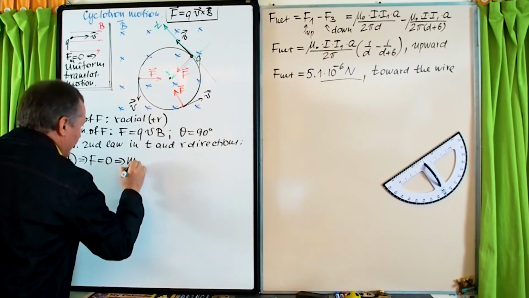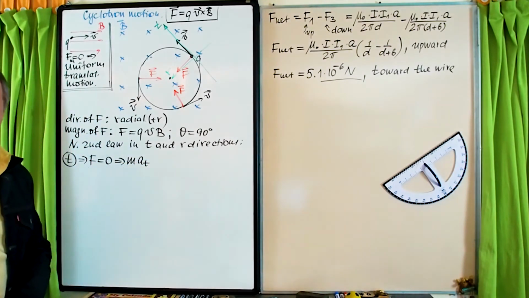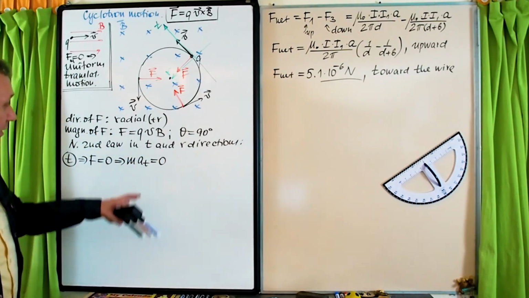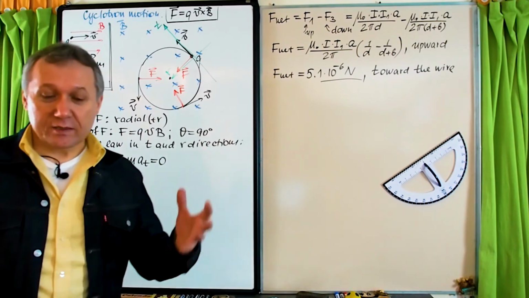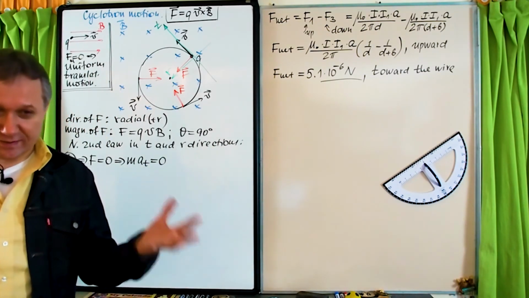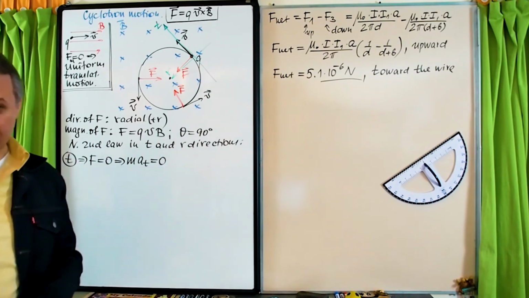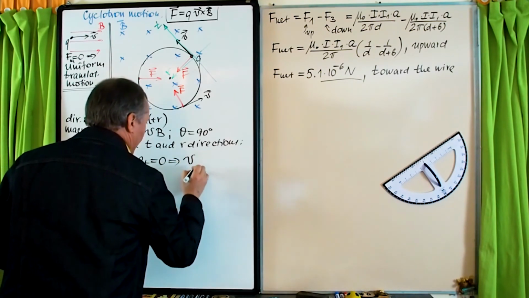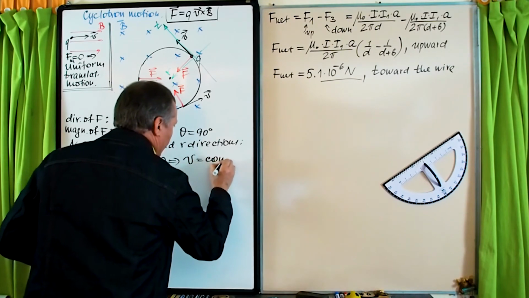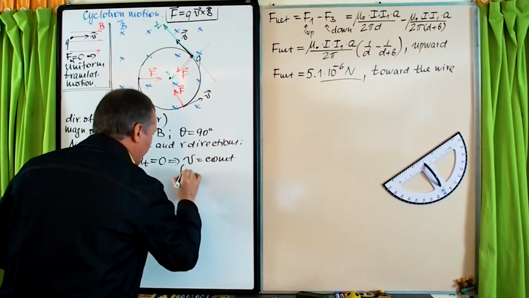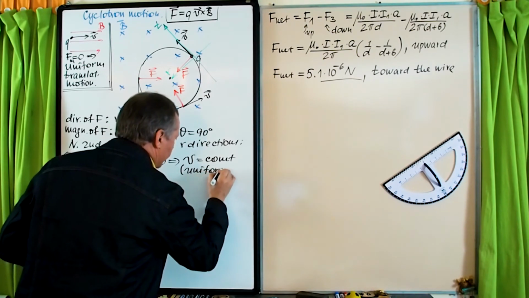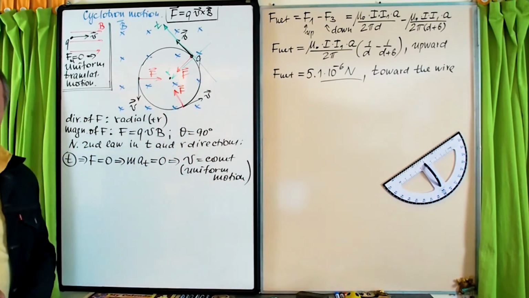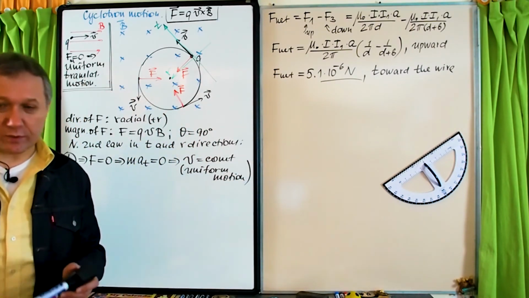As a result, by Newton's second law, m times the tangential acceleration equals 0, because the force equals 0. So the tangential acceleration is 0. It means that the speed of the particle is the same. Uniform motion, like what we discussed conceptually a few minutes ago. So speed is constant. So we have uniform motion. We discussed that conceptually, and now we're getting it from Newton's second law.